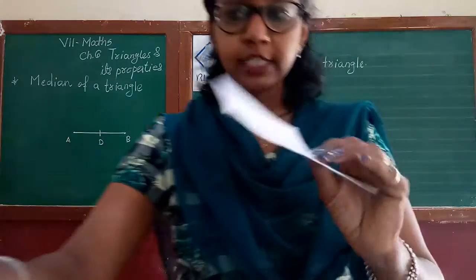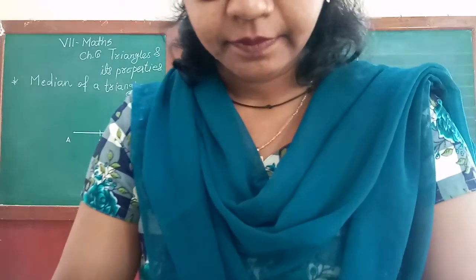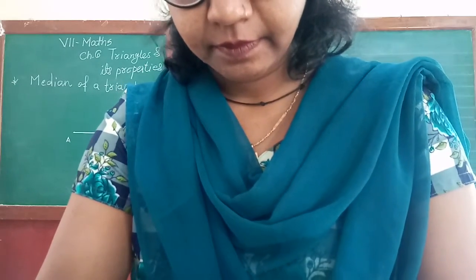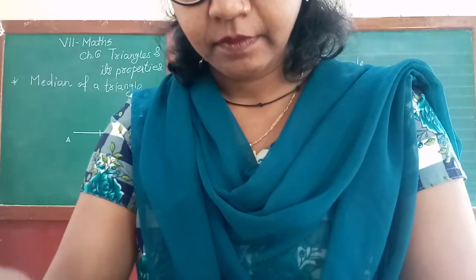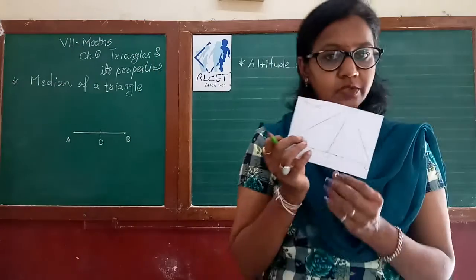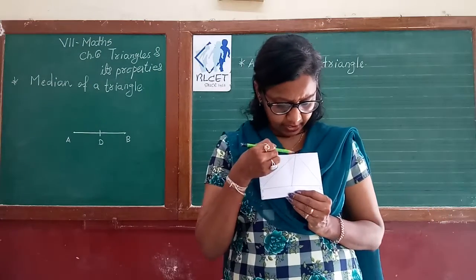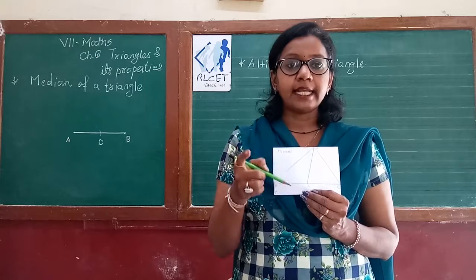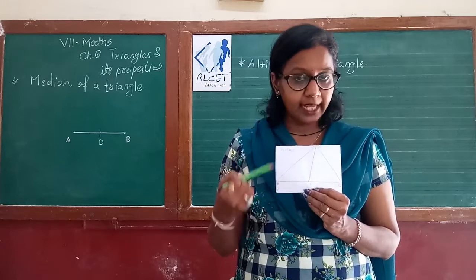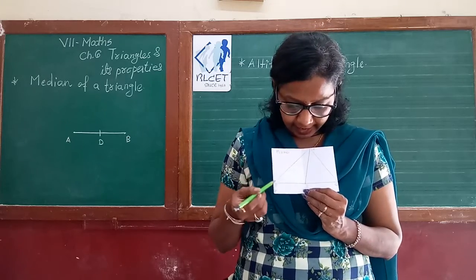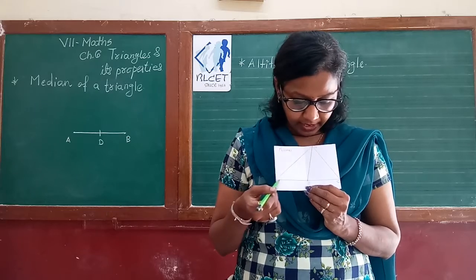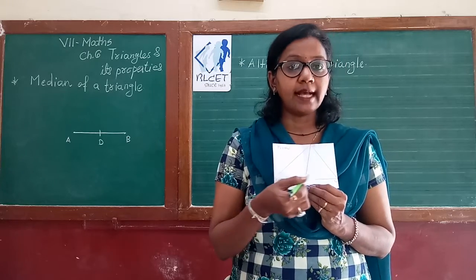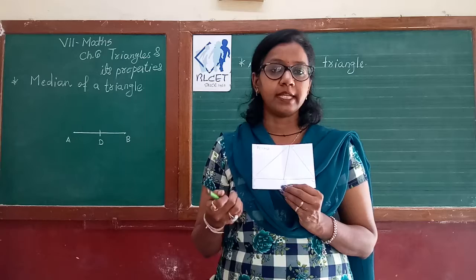So let's join this point. Okay, so this way you will get the line segment AD, and AD is the median of the given triangle ABC, where we can say that BD is equal to DC, as D is the midpoint of BC.